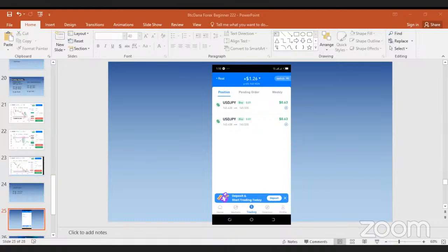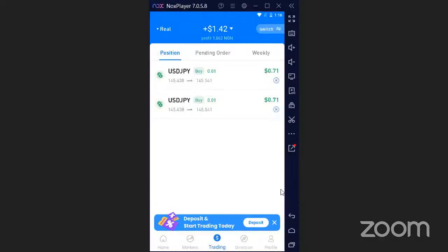Okay, so let me share my screen with you guys now. My screen is up and working fine now. Okay, so as you can see, this is dollars flying.